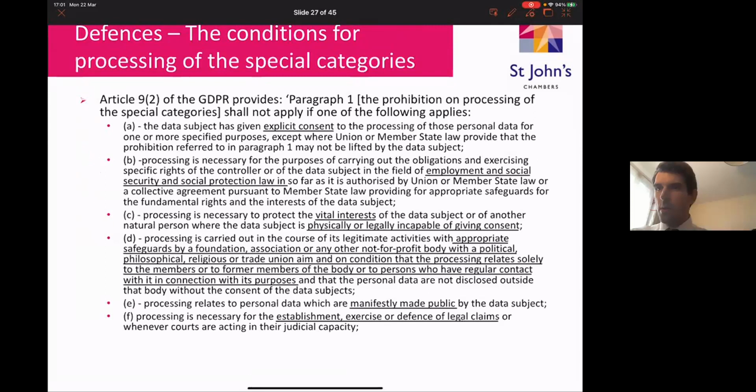And again, you'll see there Article 9.2 sets them out, and there's a great number of them.